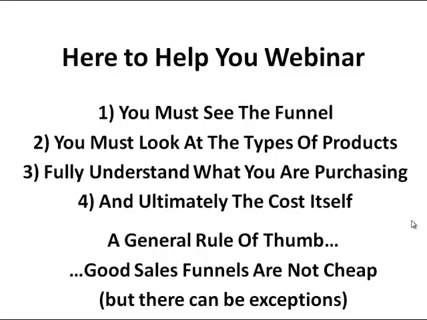When you're buying a sales funnel, you want to make sure that you know what you're getting, because you could be buying something that's really complicated and you can't set it up, and you're going to pay somebody big money to set it up for you, or pay the upgrade fees to get the vendor to set it up for you. So you want to know what you're getting before you hit that buy button. And like I said, most of the time it involves just fully reading the sales page.